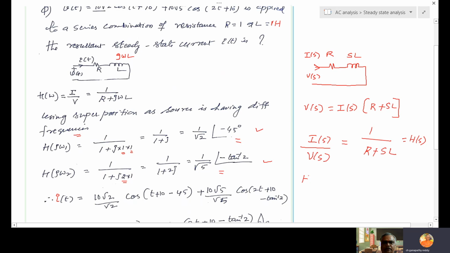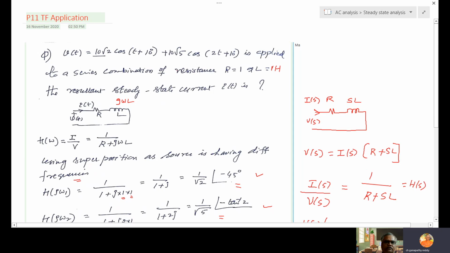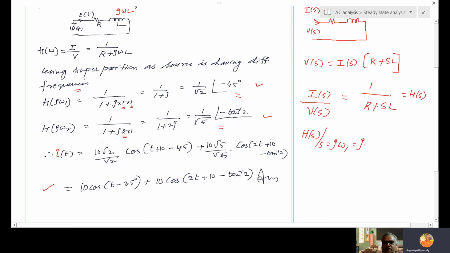Now simplify. H of S at S equal to j omega 1, that is nothing but j. What is the first signal frequency? The first signal frequency is 1. So this is 1. Therefore 1 by, what is the R value? 1. S equal to j, omega is 1.